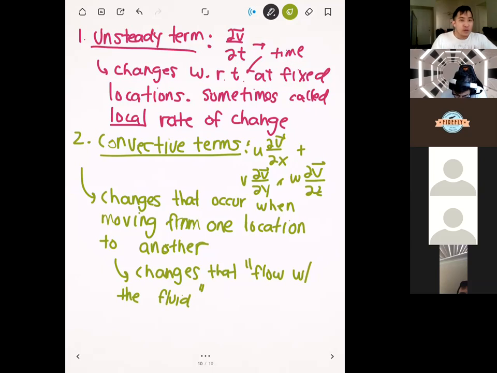So those are kind of the two groups of terms of the material derivative. One of them is just the unsteady term, which describes just changes in time, and the other one is the convective terms, and those represent changes in space. Any questions on these?